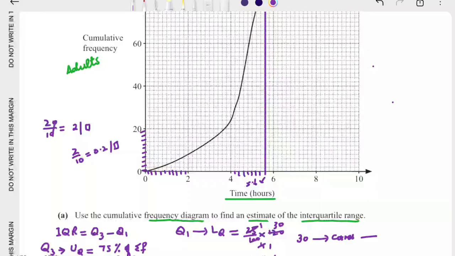So 30 would be here: 22, 24, 26, 28, and 30 would be here. So it will be 4.2.